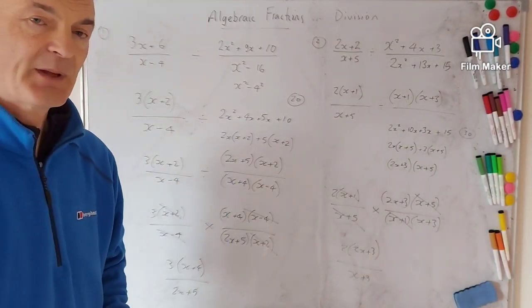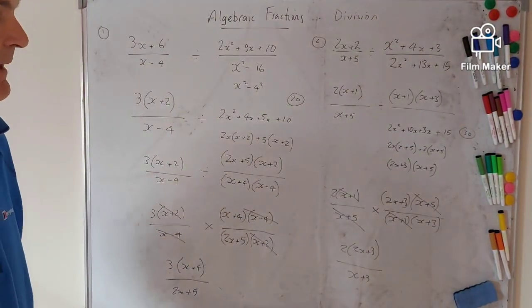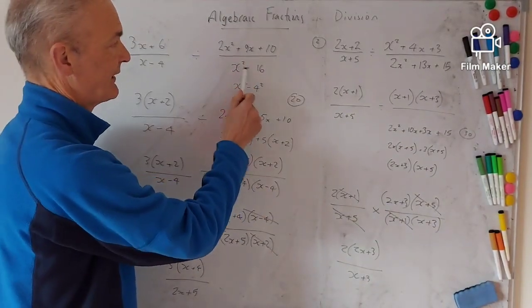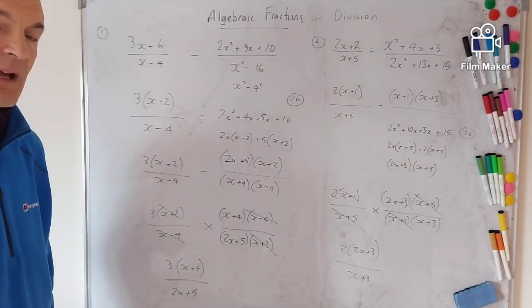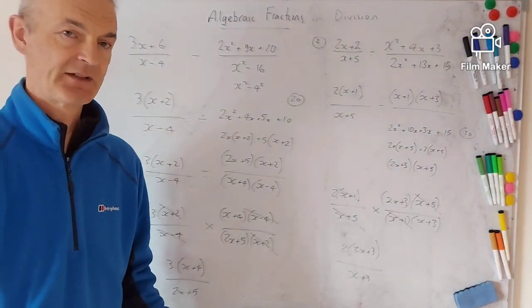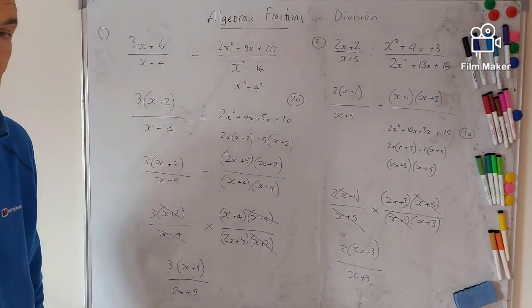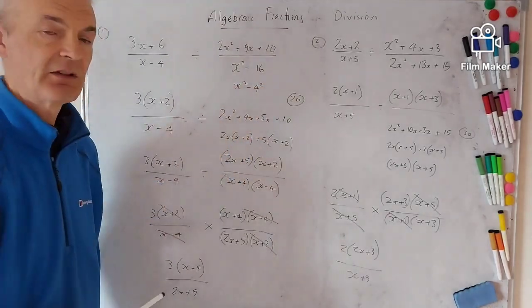Okay, so just recapping, when you've got these kind of questions where you've got a mix of quadratics of various sorts, you're probably going to end up having to factorize first and then cancel. One thing just to point out again is look out for this setup, the difference of two squares.